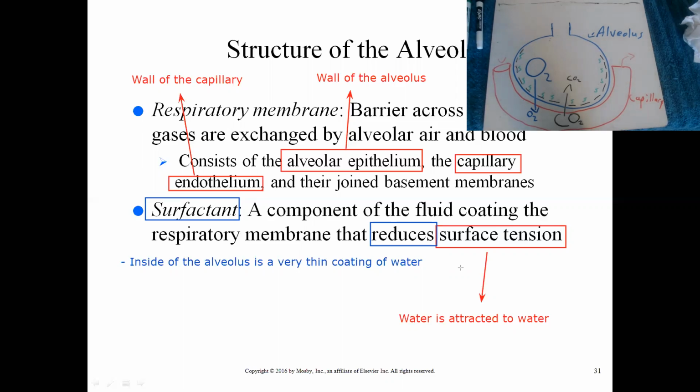And that's the essential structure of the alveolus. We're going to finish the anatomy in this chapter, but we'll look at this gas exchange process in more detail in the next chapter.